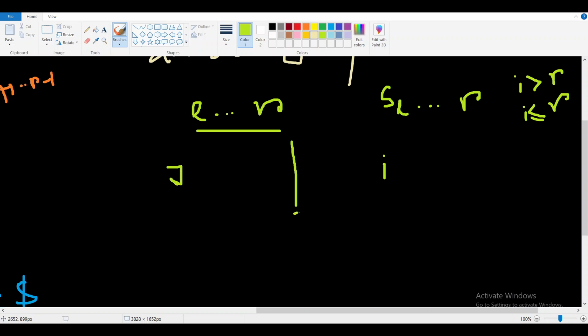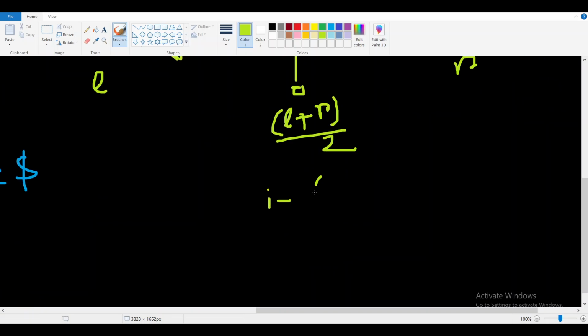What is the mirror, and where is it? Here it is from L to R, so the mirror will be at L plus R by 2. Now, what is the distance from I to the mirror? It is I minus (L plus R by 2).